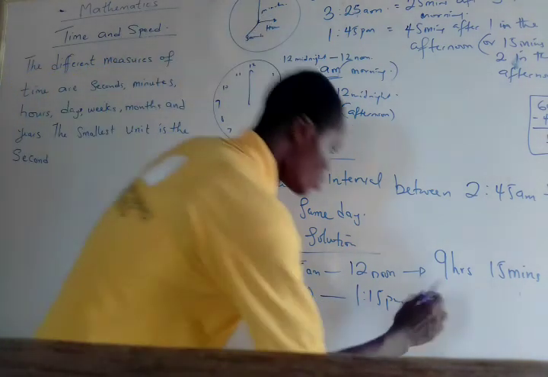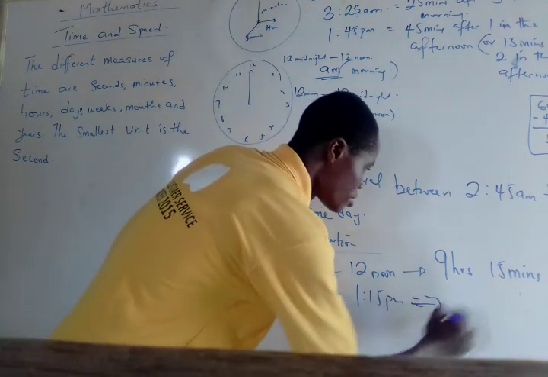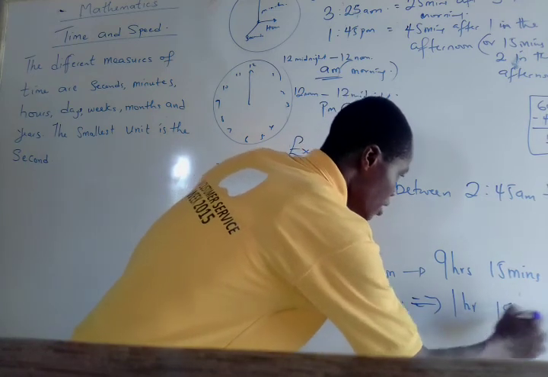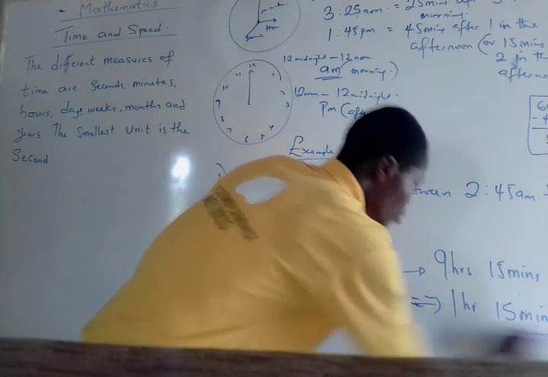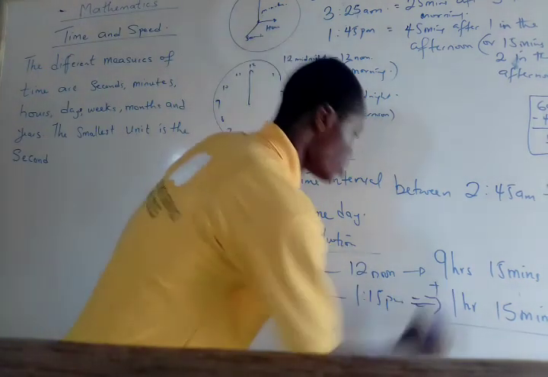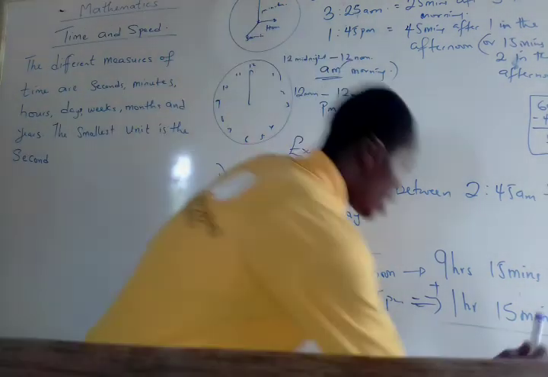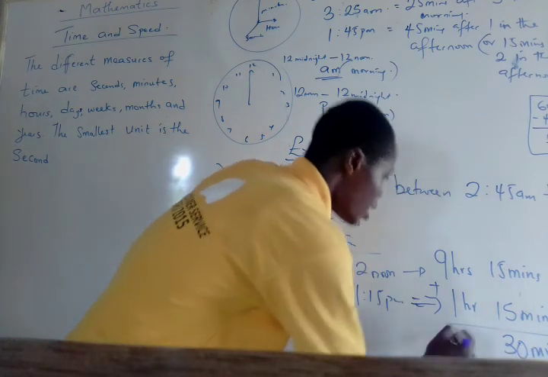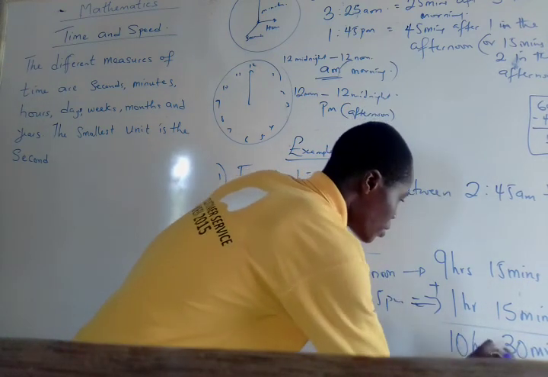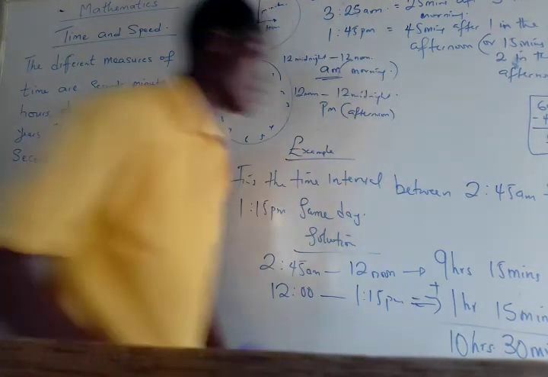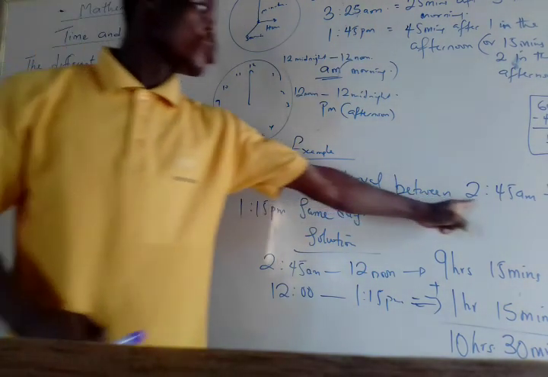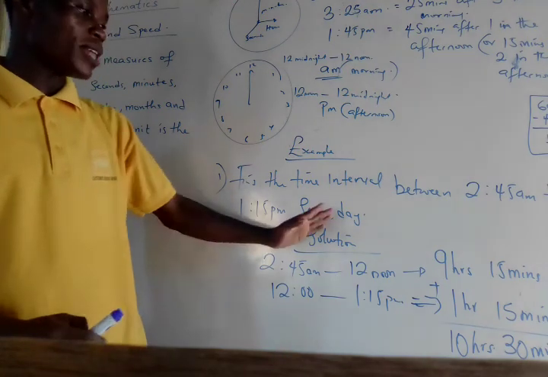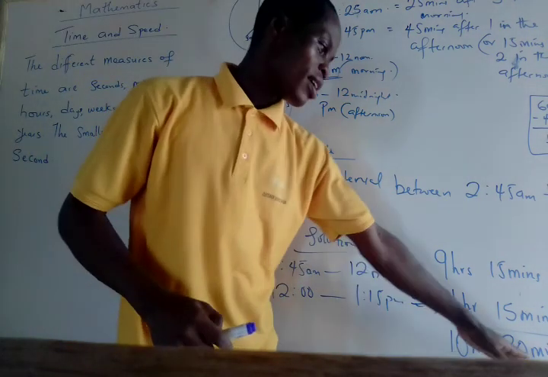To 1:15 will easily give us 1 hour, 15 minutes. So all we need to do is add it together, and then we have 30 minutes and 10 hours. So from 2:45 a.m. to 1:15 p.m. same day, we have 10 hours, 30 minutes.